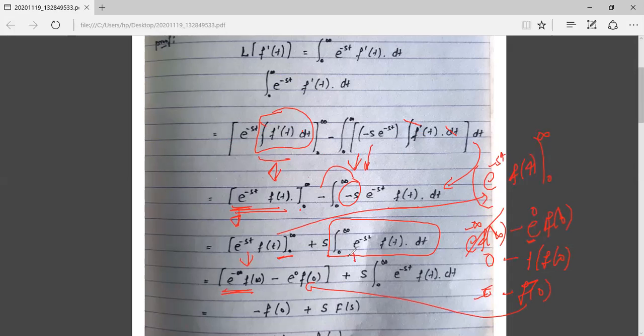The first term will get cancelled, that means 0, minus e to the power 0, which means 1, into f of 0. So we get only minus f of 0 here, plus the remaining function as it is, s into the integration over 0 to infinity of e to the power minus st f of t dt.